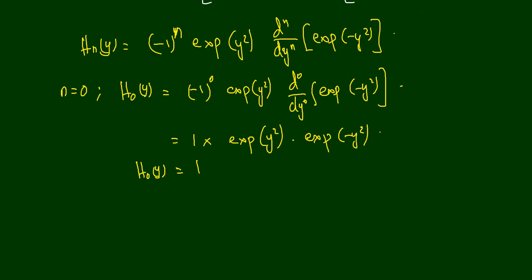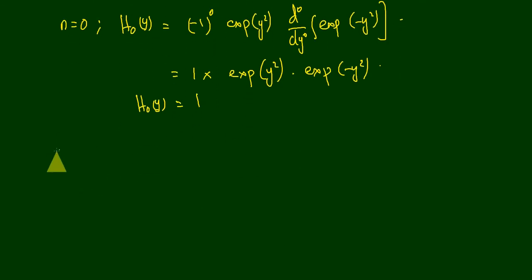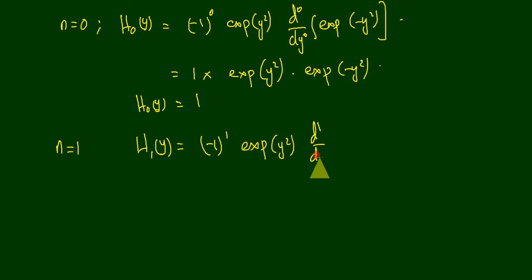Now we go for the next one, n equal to 1. We have to estimate H1(y), that is minus 1 raised to 1, exponential y square, d by dy of exponential minus y square.